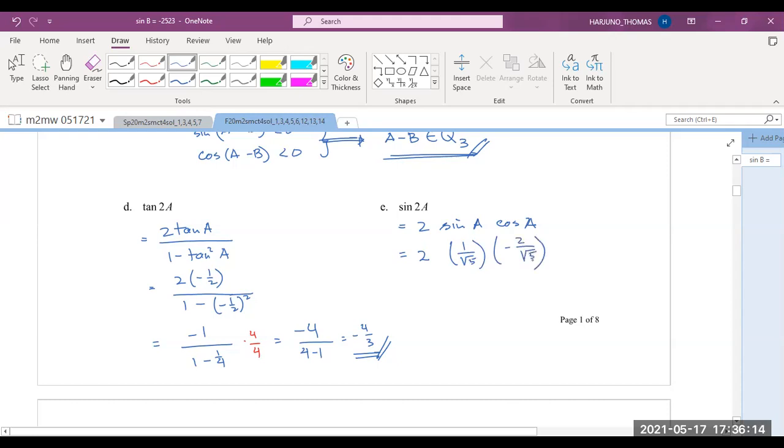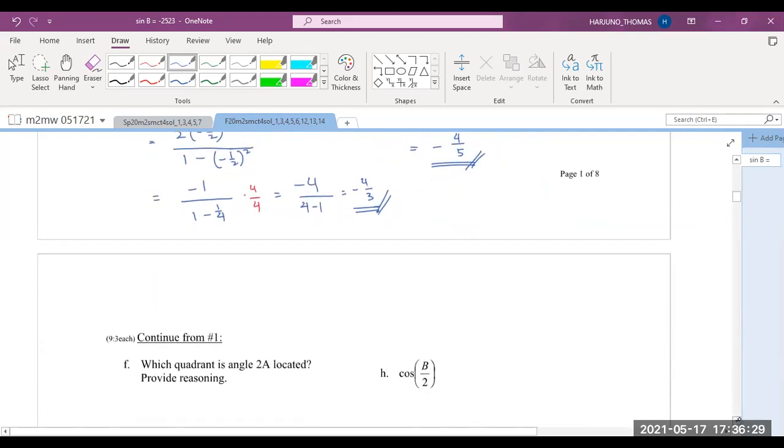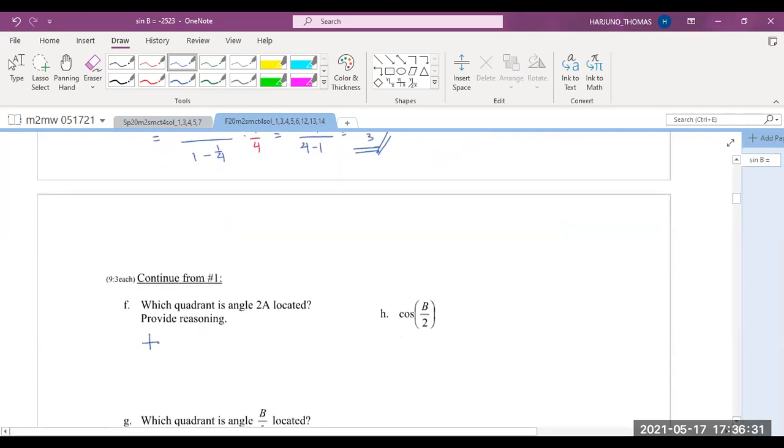That's why I didn't rationalize the denominator for sine A cosine A, because I will use those numbers later on anyway. This will be negative 4 over 5. Now, tangent is negative, sine is negative. So tangent 2A is negative, sine 2A is also negative. So 2A must be in quadrant 4.